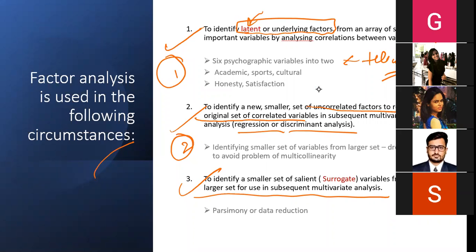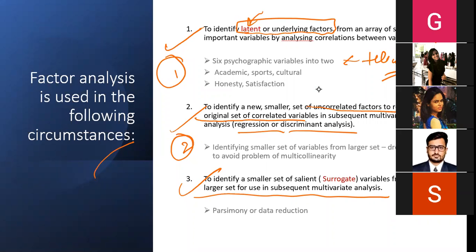We don't want that to happen in the case of regression. So what we can do is run factor analysis, club those variables which have high correlation, get factor scores, and then run regression. So we can solve the problem of multicollinearity.